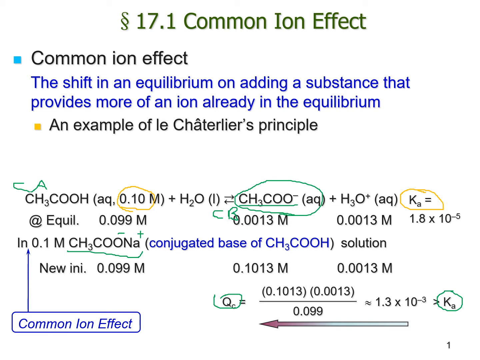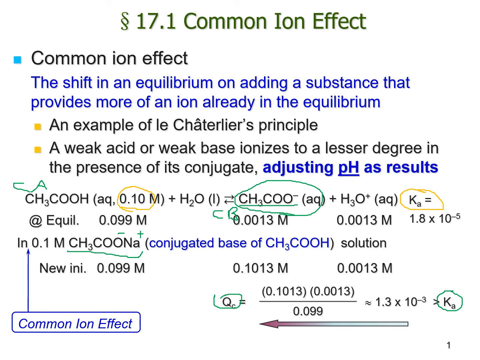But what is even more here is that by introducing a common ion, which is the conjugate, okay? By introducing the conjugate into an equilibrium, it could be a conjugate base for a weak acid or a conjugate acid for a weak base. It doesn't matter. Here we use the weak acid as the example, but it also applies to the weak base, which we'll see in our example.